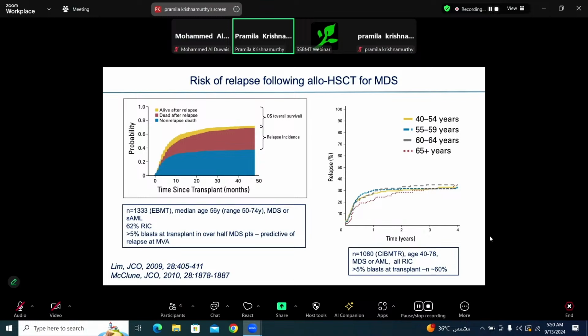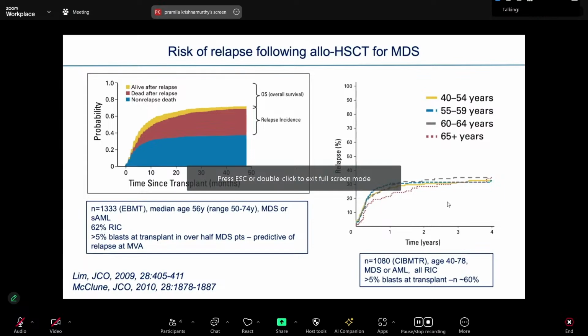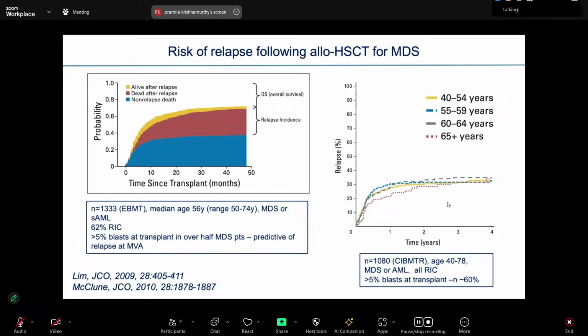But as you can see from these two retrospective studies, on the left from the EBMT and on the right from the CIBMTR, the major cause of treatment failure for allogeneic stem cell transplant for MDS is relapse, with significant proportions of patients succumbing to relapse, at least 30%, if not slightly higher.